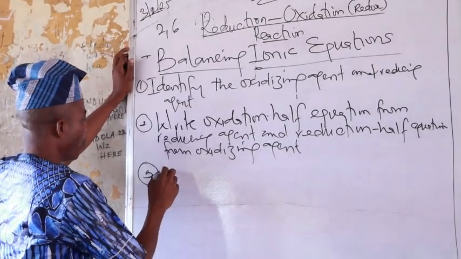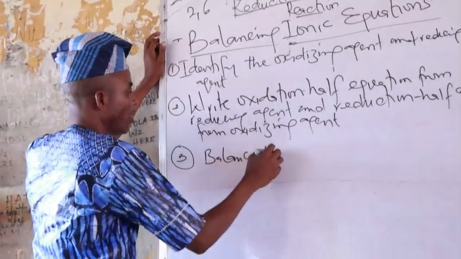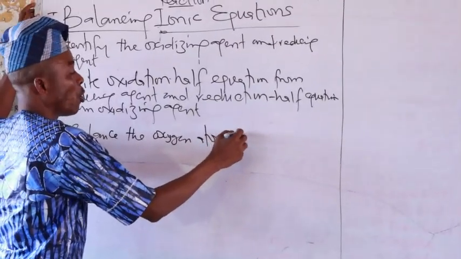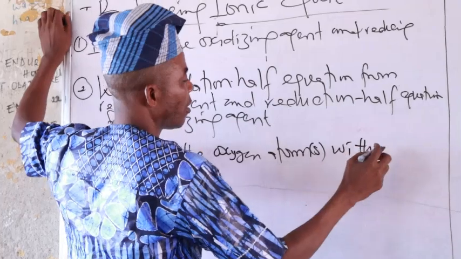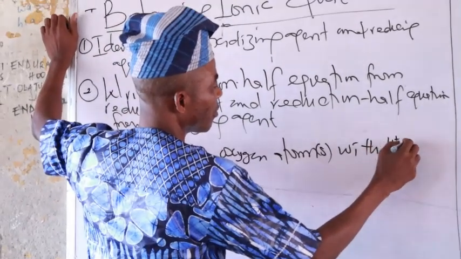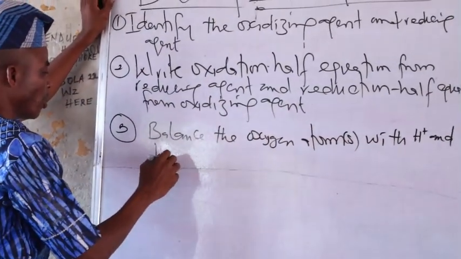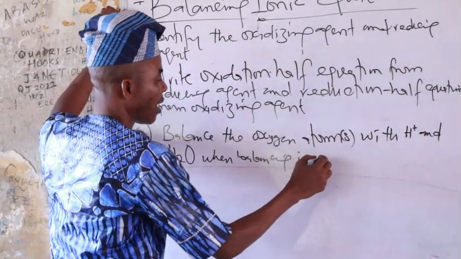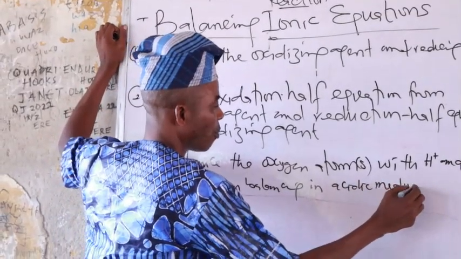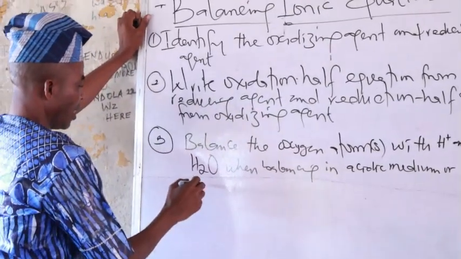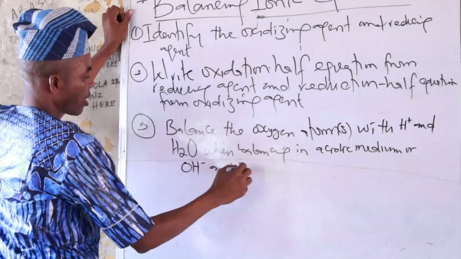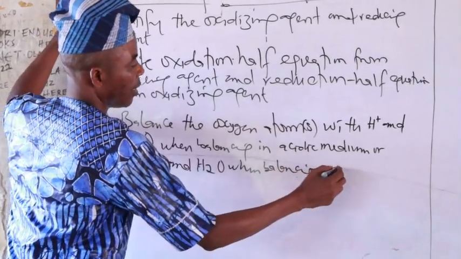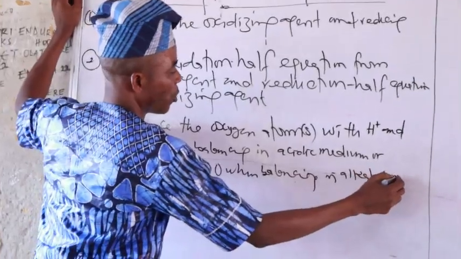So, balance the oxygen atom or atoms with hydrogen ion and water molecule when balancing in acidic medium, or hydrogen ion and water molecule when balancing in alkaline medium.